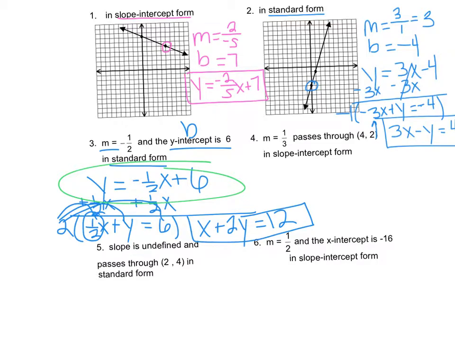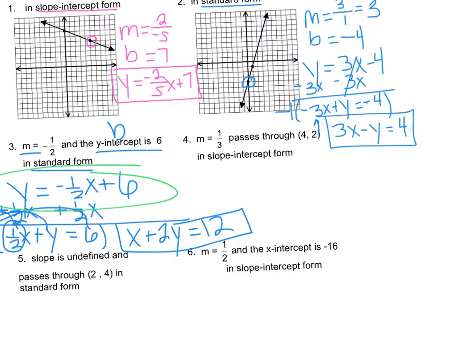Okay, so let's look at 4. On this one, we are given the slope and a point. We want it in slope-intercept form. So anytime you are given slope and a point, you're going to plug into the point-slope form. The point-slope form is on your formula chart.